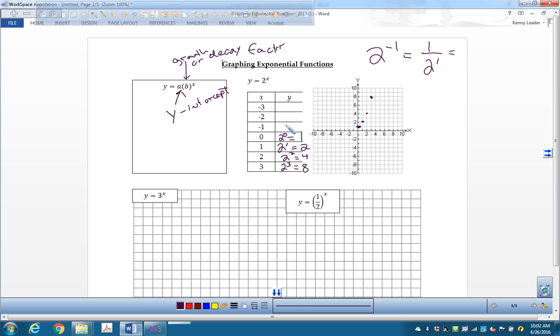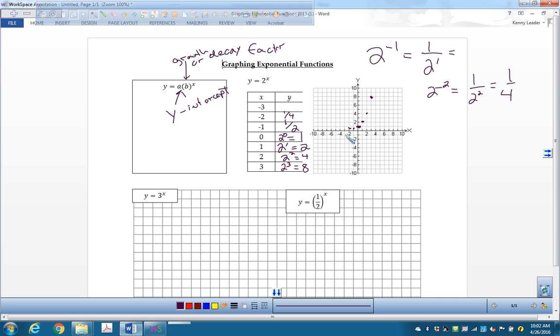So when x is negative 1, this is 1/2. 2 to the negative 2 is the same as 1 over 2 to the positive 2, which is the same as 1/4. So as I go backwards, I get 1/2, which is kind of hard to graph there, 1/4, which is even harder to graph there. 1/8 would be the next.